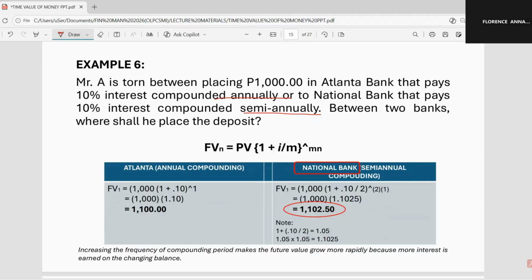So, for Atlanta, how do we compute for the future value at one period? That is just your present value times 1 plus interest rate raised to your number of period na 1. So 1.1 times 1,000 na principal, you'll get 1,100.